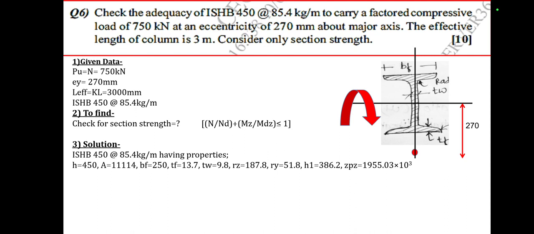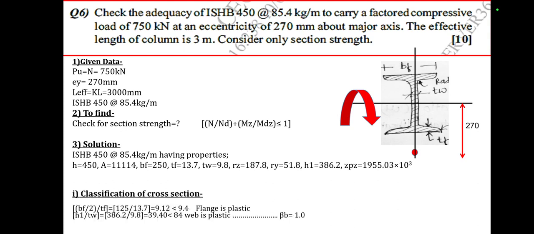BF is 250 mm, TF, the thickness of the flange, 13.7 mm, TW, thickness of the web 9.8 mm, RZ 187.8 mm, RY 51.8 mm, H1 386.2 mm, ZPZ is equal to 1955.03 into 10 raised to 3 mm cube.